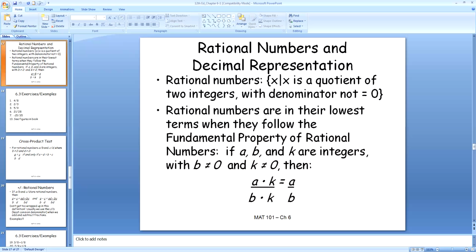The reason for that is that any number divided by itself is 1. 6 divided by 6 is 1. 12 divided by 12 is 1. K divided by k is 1. So even if you don't know what the number is, any number divided by itself is going to be 1.